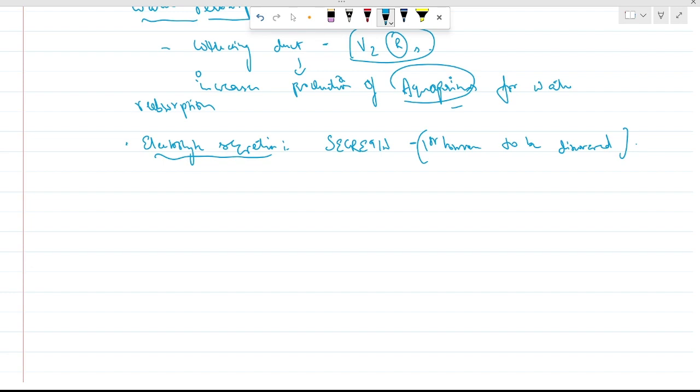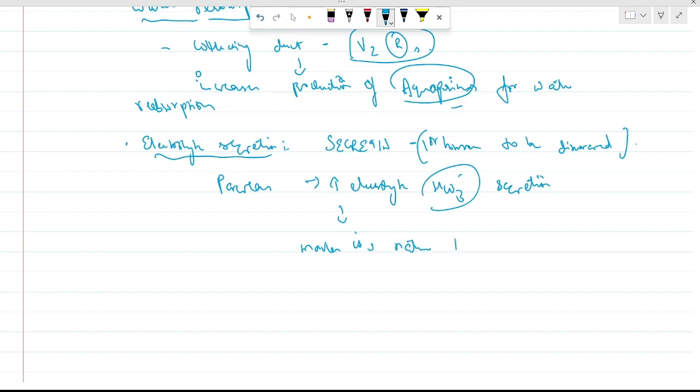Secretin acts in the pancreas, where it increases electrolyte, especially bicarbonate, secretion. This bicarbonate secretion in the pancreas is increased by secretin. This is the reason it makes its nature alkaline.